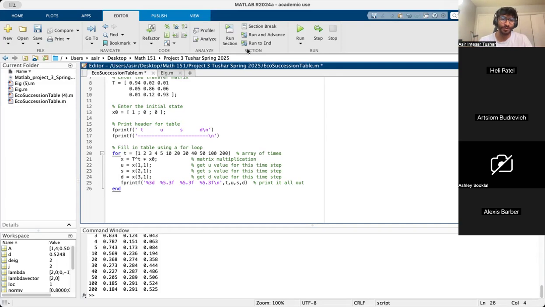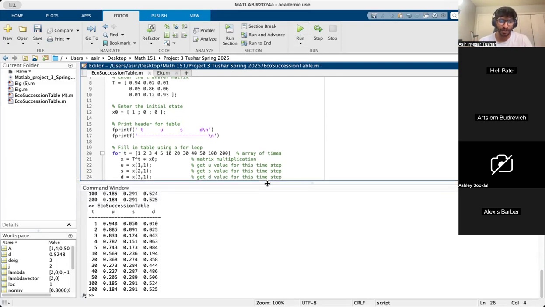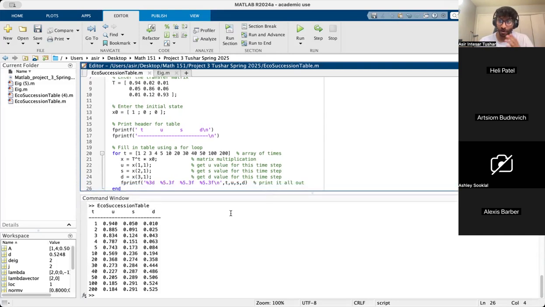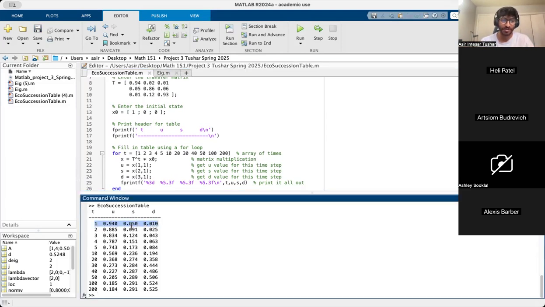So if you run this, you can see the value of the components are given to you as a table, which is pretty good. After 1 year, these are the values. After 2 years, these are the values. After 3 years, these are the values.